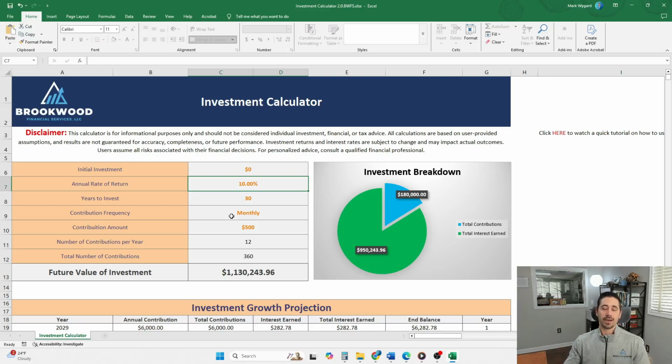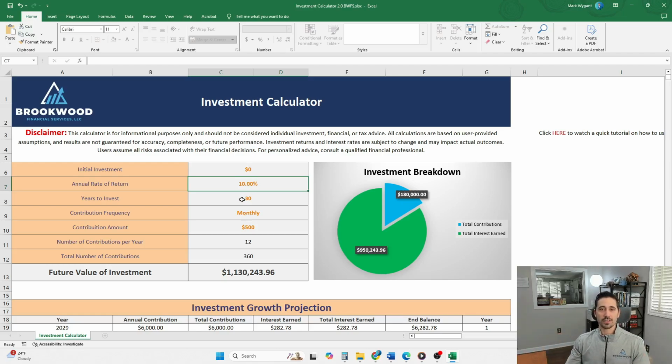And so if you wanted to find out what the value of your investment 30 years from now would be worth in today's dollars, in other words, what your purchasing power would be worth, you would have to subtract the inflation rate that you predict for the next 30 years from this number to get an accurate number. So to give you an idea, the average inflation rate, depending on what data you use, has been somewhere between 2% and 3% for the last 100 years.